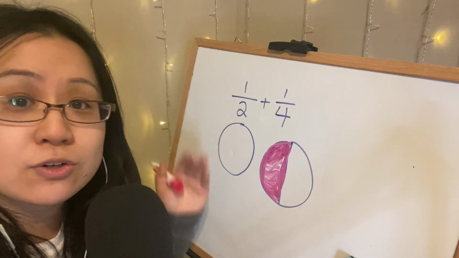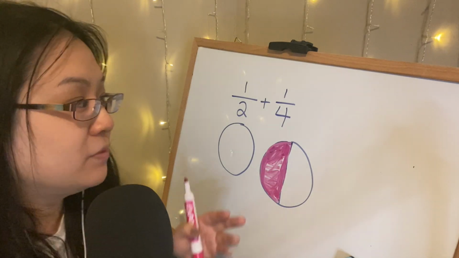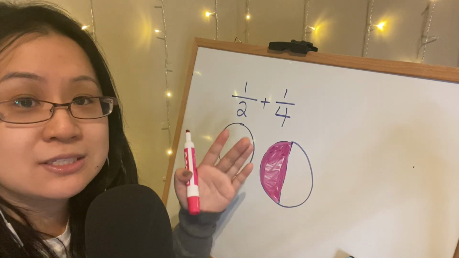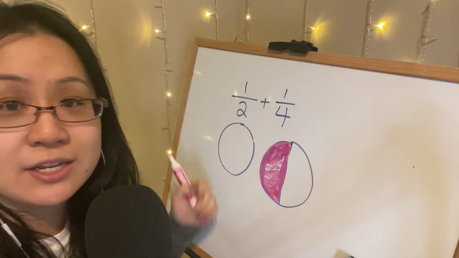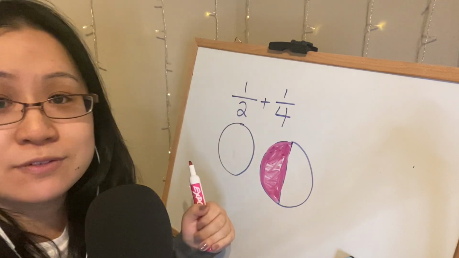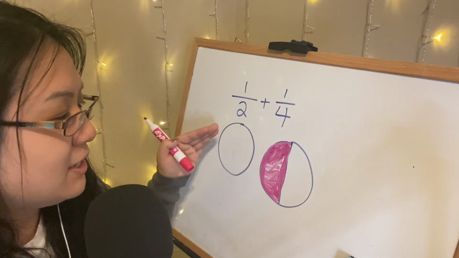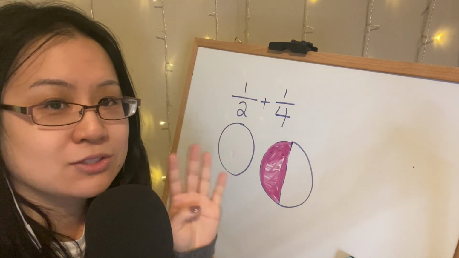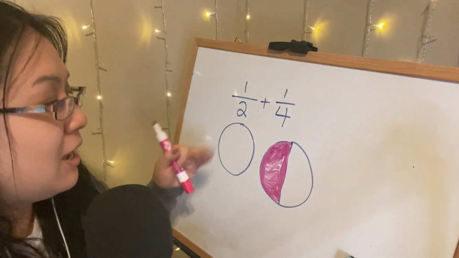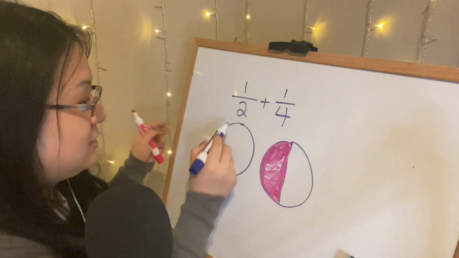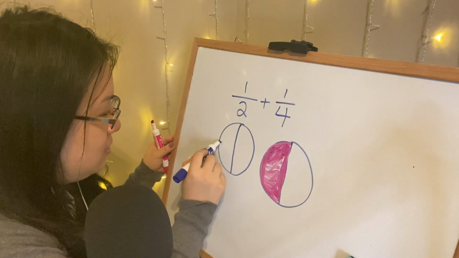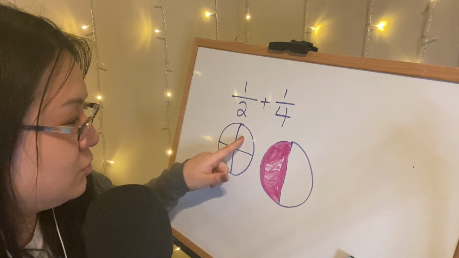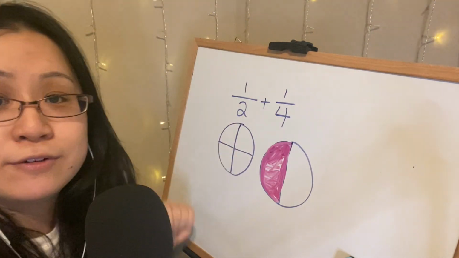Let's say this circle represents a whole. The bottom number, the 4, tells me how many equally sized pieces we cut this into. So in this case, 4. You can do this again however you want to, as long as all 4 pieces are the same size. I'm going to go ahead and cut it like so. 1, 2, 3, 4.